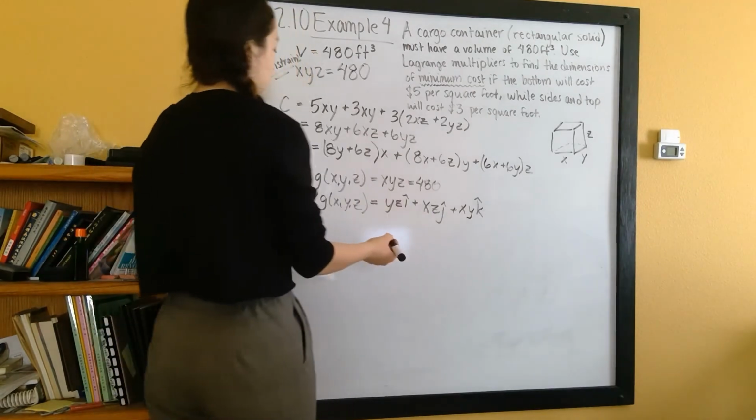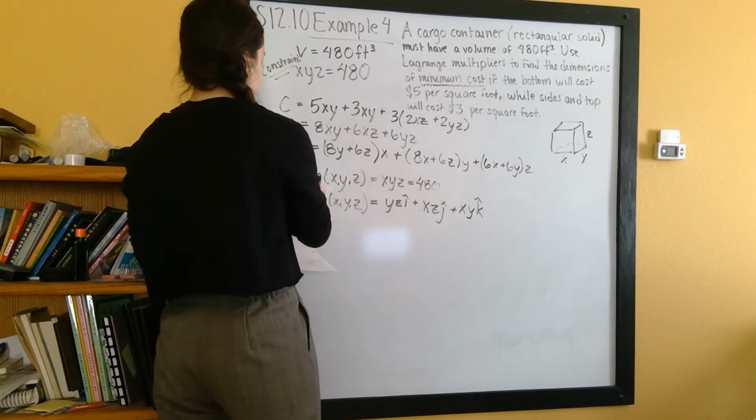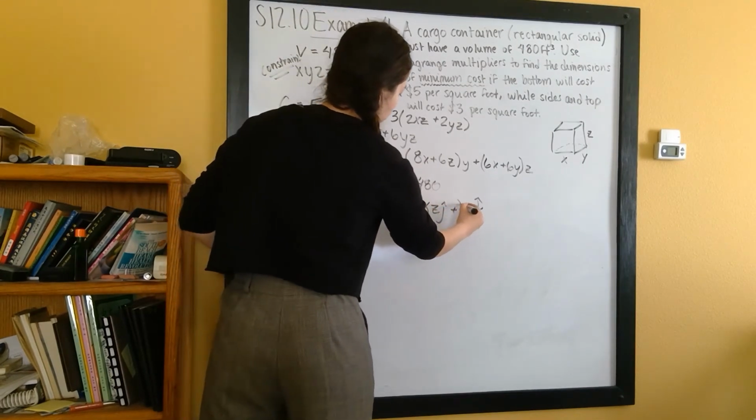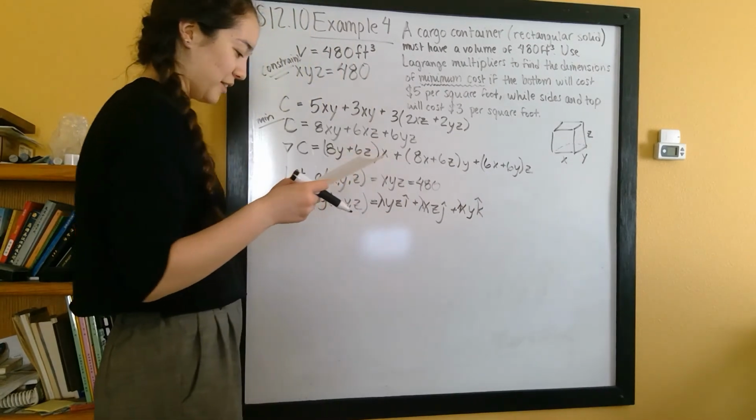So I'm going to just put lambda out, multiplying everything by lambda. Not the nicest looking.